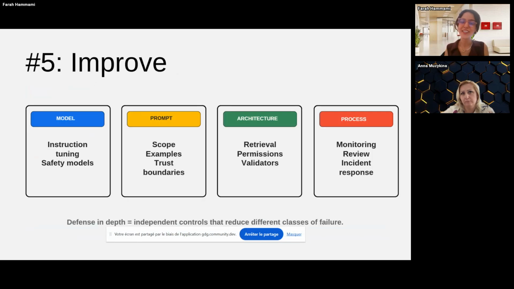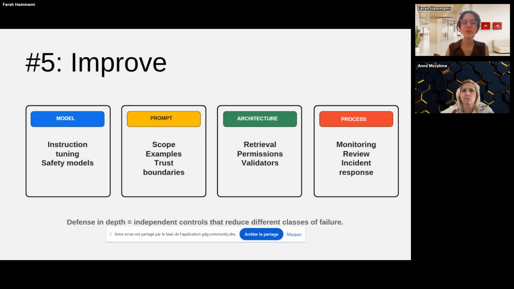And later, the improvement is quite the hardest part, because it's not easy to identify the issue exactly. We can diagnose the layer where we're having the issue, but improving it might be really challenging, especially with complex AI systems.